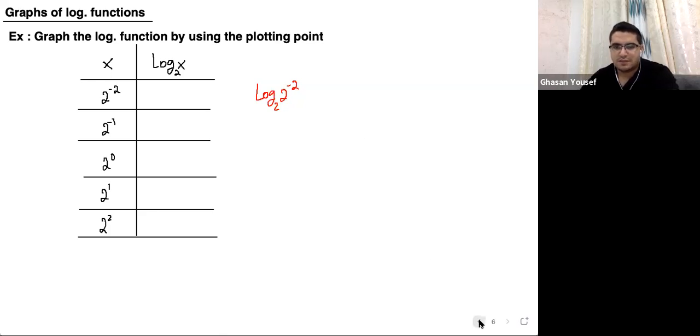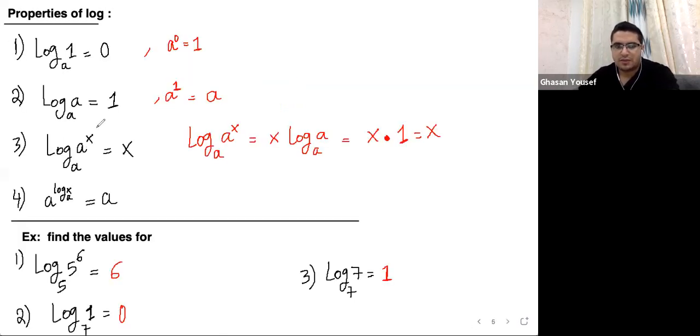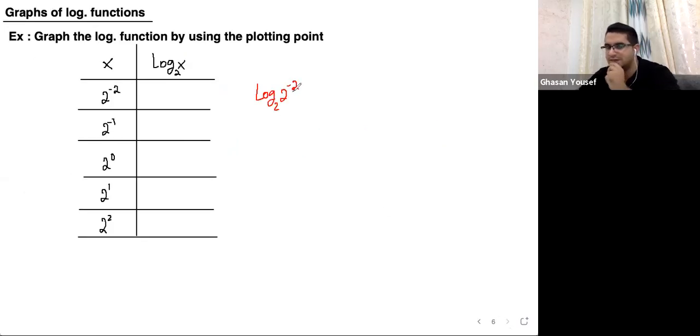As I said before, the logarithm with base a of a to the exponent x is x. So the same thing here: the logarithm of 2 to the power minus 2 with base 2 is exactly minus 2.